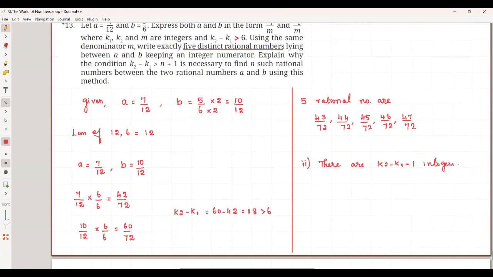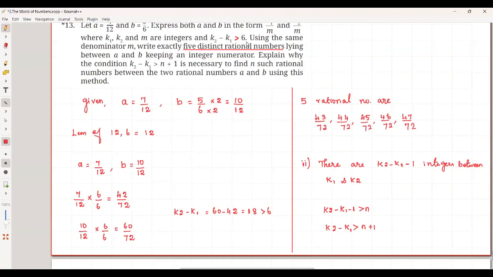This is the condition: K2 minus K1 minus 1 should be greater than n. Now take this minus 1 to the other side. So K2 minus K1 is greater than n, and minus 1 becomes plus 1. We are getting the condition: K2 minus K1 is greater than n plus 1.